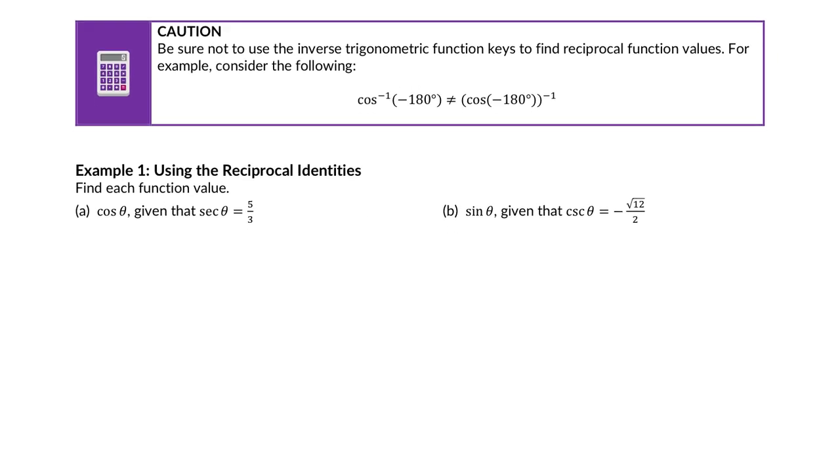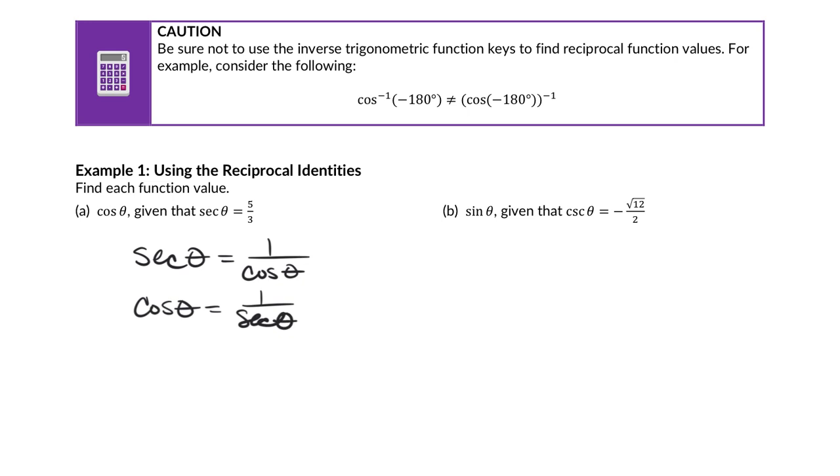Using the reciprocal identities, if we are asked to find cosecant and we know secant, here's the things I know. By definition, I know that secant of theta is always equal to 1 over the cosine of theta, which means that cosine of theta is equal to 1 over the secant of theta.